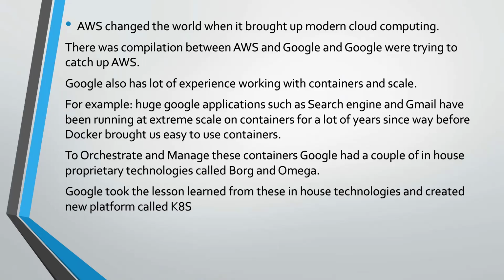Google requires a huge number of microservices, a huge number of small applications, because it has to manage the world's data, the search engine, Gmail services and all. So it had a lot of containers. Managing these containers is very hectic even for Google. Orchestrating and managing such a huge number of containers is very difficult even for Google.